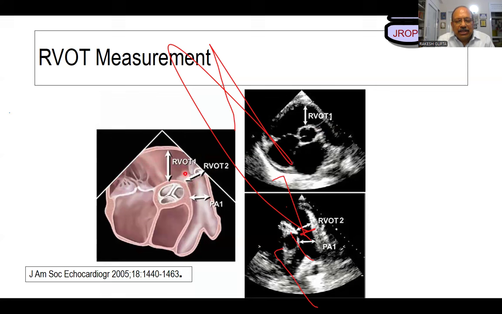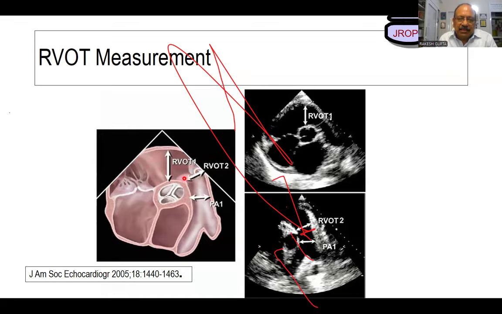So we can calculate the stroke volume across this pulmonic valve. What we need to measure is the RVOT dimension in early systole, when it's about to open up. And then we put a sample volume across this RVOT to derive RVOT VTI. I'll come to that in a few minutes.